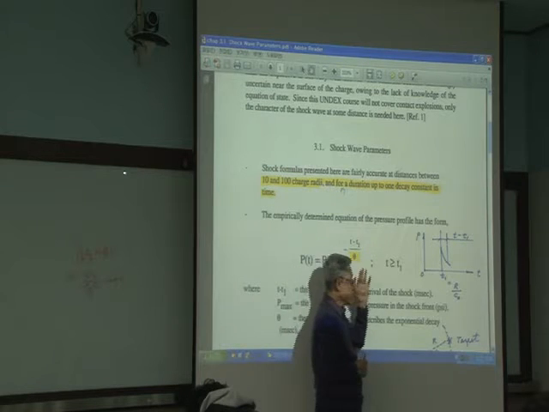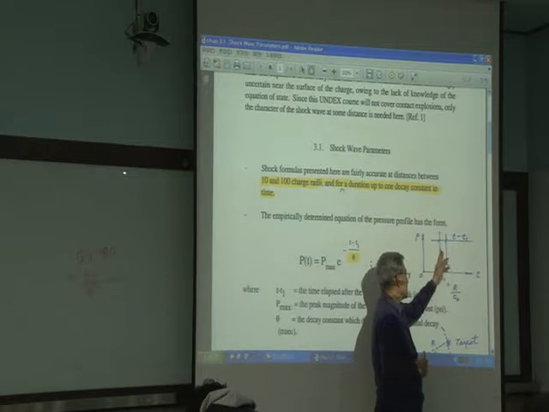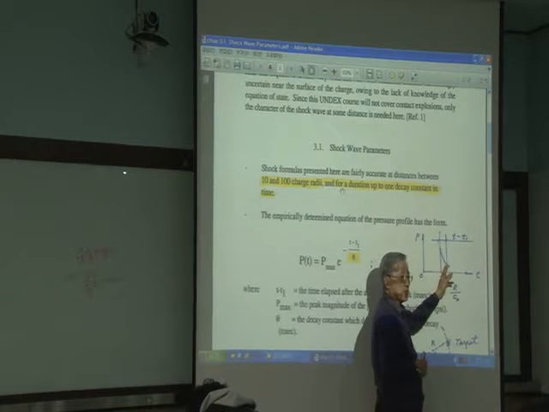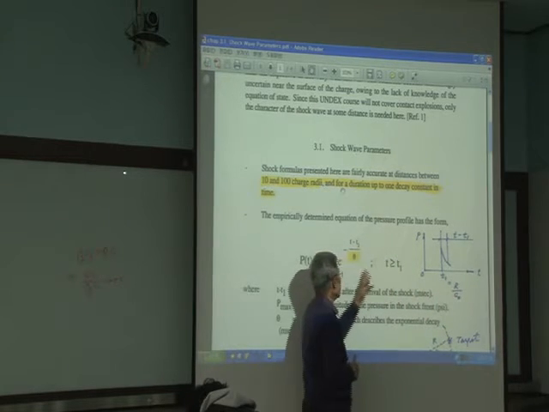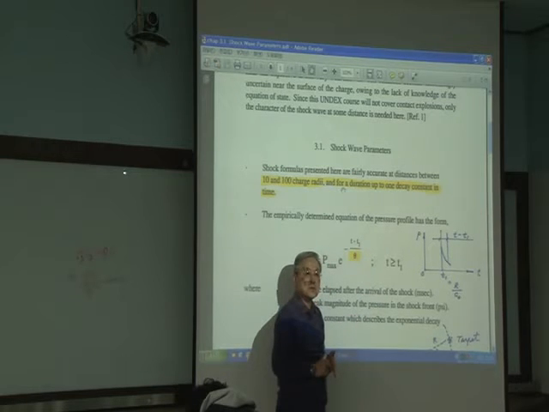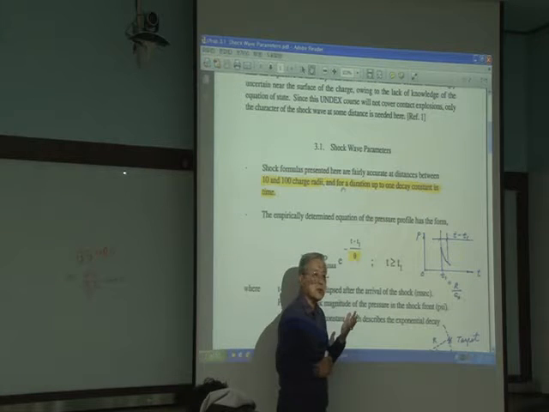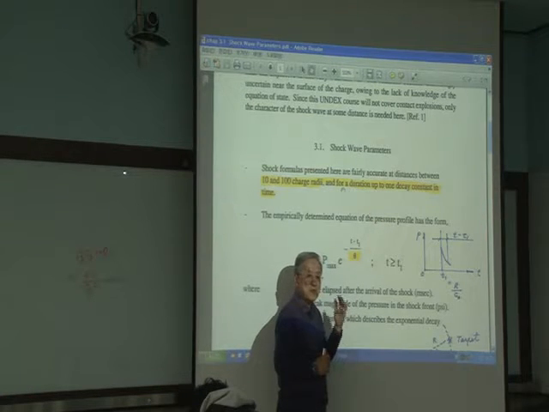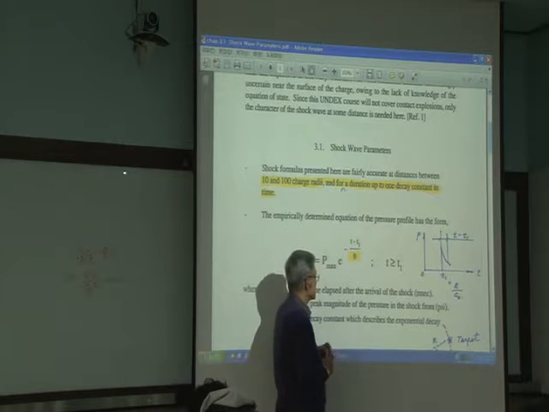In other words, decay rate means the way the shock pressure decreases exponentially depending on the theta value. Theta value is right here. The decay rate curve is slightly different from one to another. So depending on the type of the charge, the theta value changes slightly, not greatly.